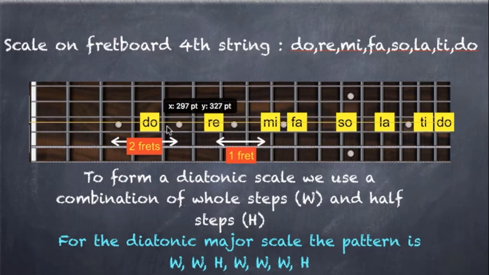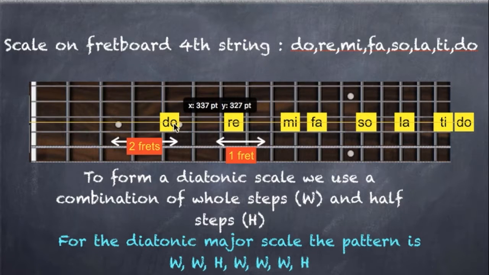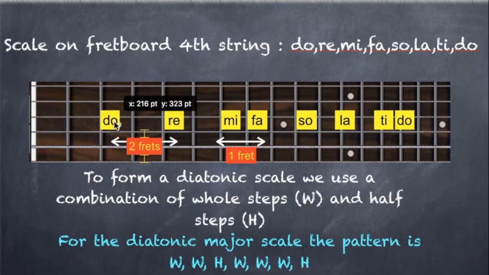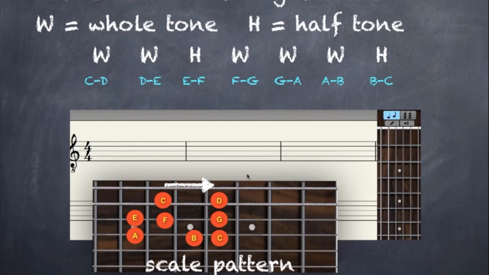Of course, if we started up here, we'd run out of string. So what we need to do is go across strings to play the diatonic major scale. So the pattern is W is whole tone, W, W, H, half tone, W, W, W, H. And these are the intervals, so the steps between.